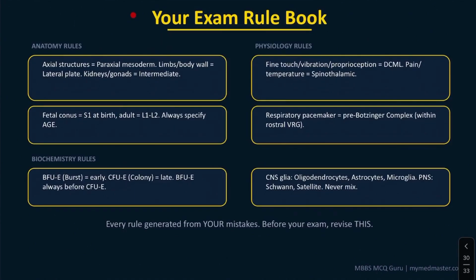And then you will get your personalized exam rule book for anatomy, physiology, and biochemistry. So, before your next exam, you don't have to revise any random notes. You can revise this because every single rule was generated from your mistakes, and this is your personalized weakness map, and that is turned into a correction manual for your study.